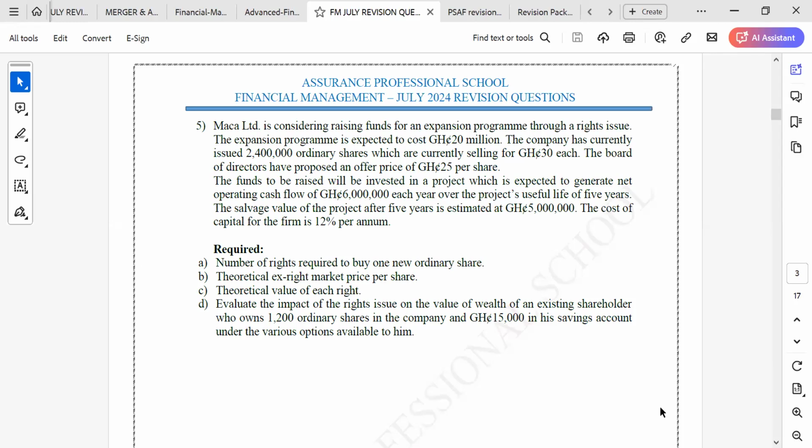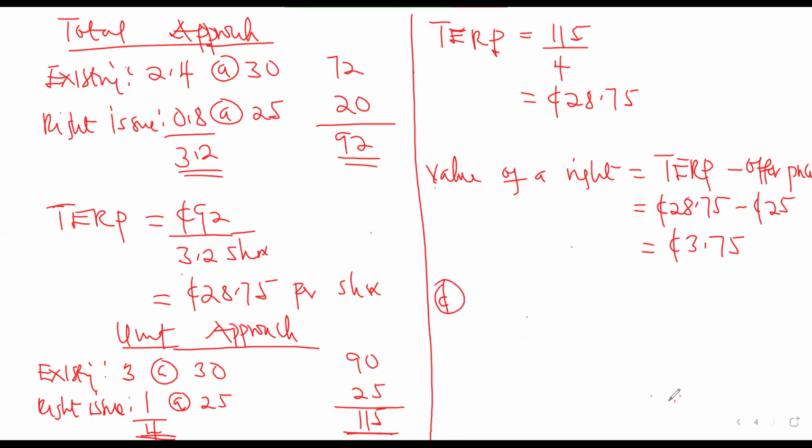He can choose to do nothing. He can exercise the rights, or he can sell some and keep some. Or exercise part. So let's look at all those options, and the first one is doing nothing, isn't it?